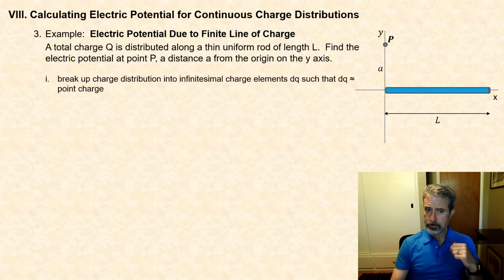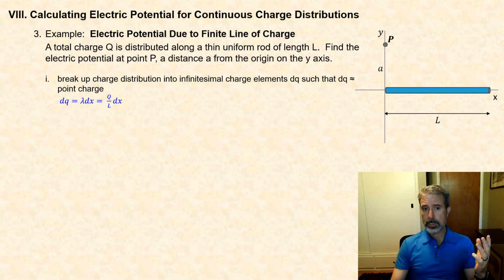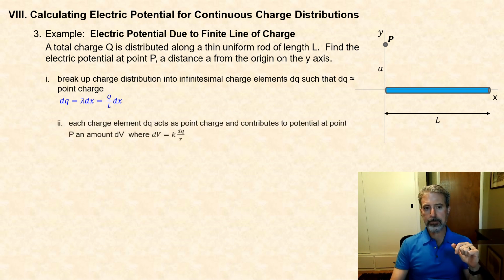So here, our approach: we're going to break up the charge distribution into an infinite number of infinitesimal charge elements dq. In this case, we'll let each dq represent that of a point charge. And given the total charge of the rod and the length, we can find the linear charge density lambda by taking the ratio, Q over L. So once again, there's a link between charge and spatial coordinates using this concept of charge density.